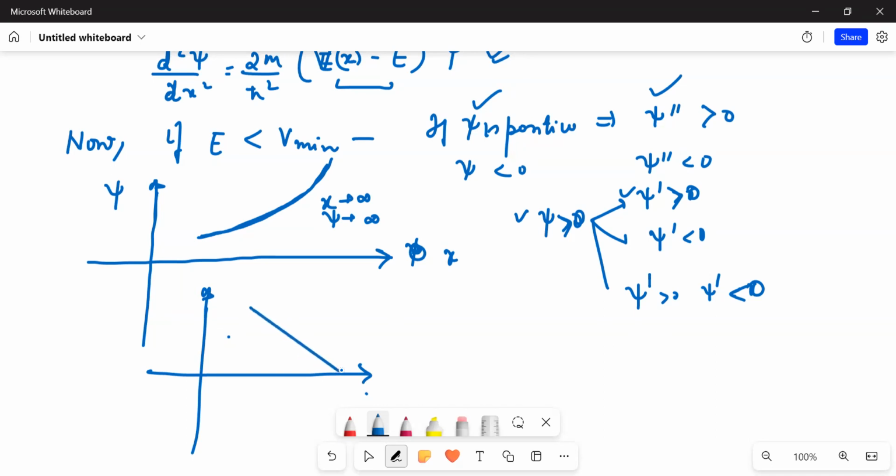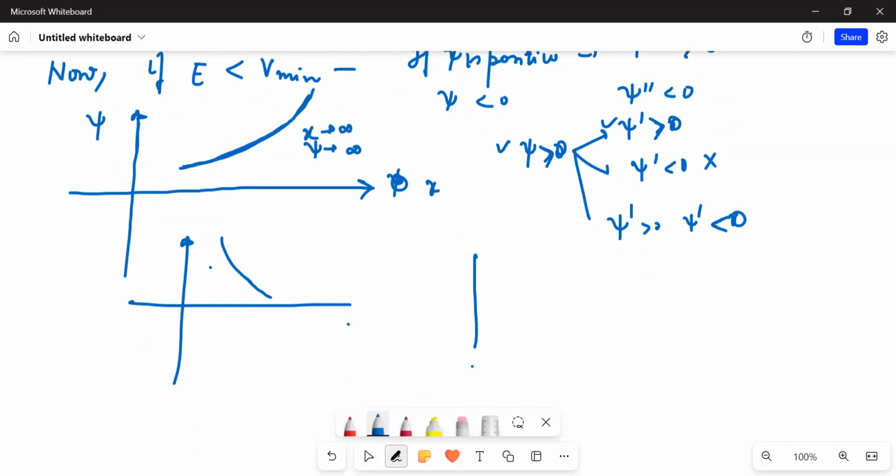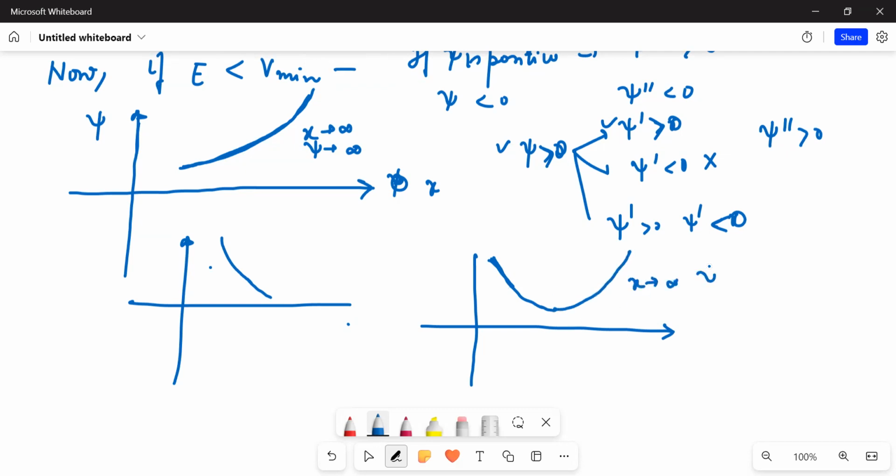Then it would decay, but there would be a point where it cuts the axis. As I told you in the curve sketching lecture, ψ would cross this axis and become negative. So this cannot be. If ψ dash is negative at first, ψ is always positive, and ψ double dash has to be positive, so it goes on increasing at an increasing rate. Again, as x tends to infinity, it violates the normalizable wave function.